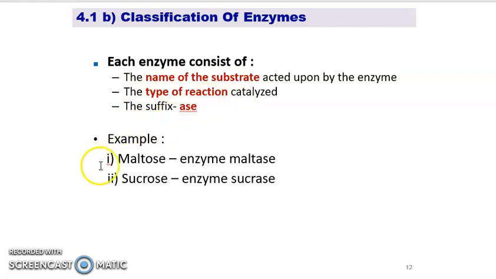So if you look at the example, contohnya, if the substrate is maltose, so the enzyme is maltase. So enzyme ni dia akan ada suffix -ase dekat belakang. So kalau substrate ni adalah sucrose, so the enzyme is sucrase. So tu contohlah. Maksudnya ini kita katakan sebagai enzyme is highly specific for a particular substrate. So means that enzyme maltase will react with maltose. So maltose ni adalah substrate lah.